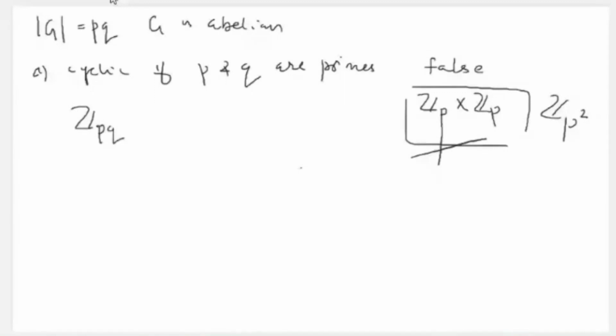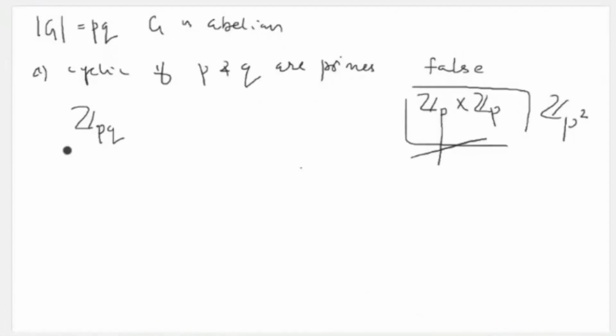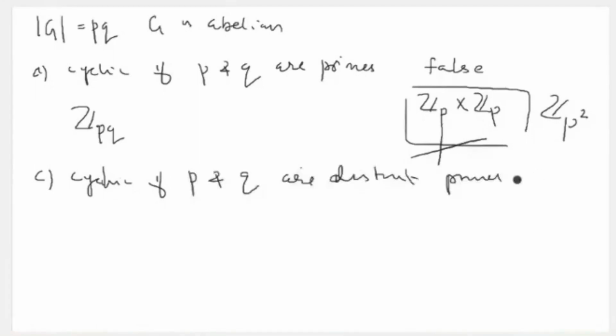What about option C? It is cyclic if p and q are distinct primes. True or false? It is an abelian group.